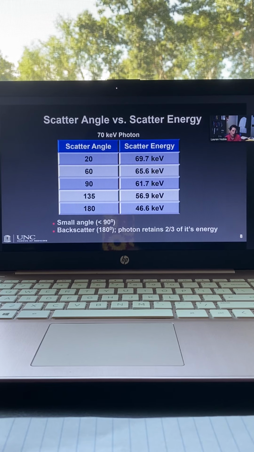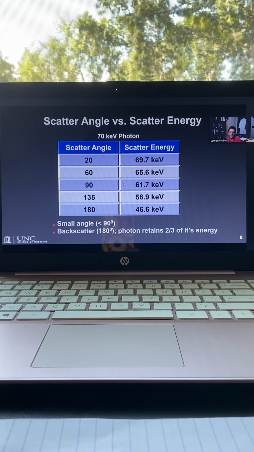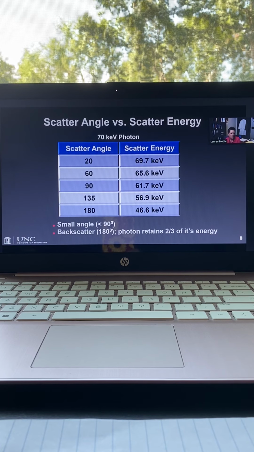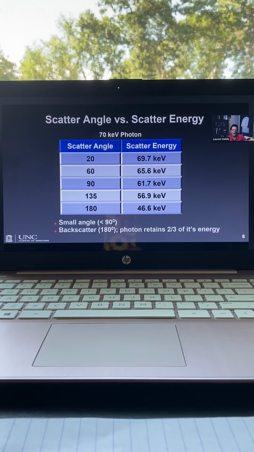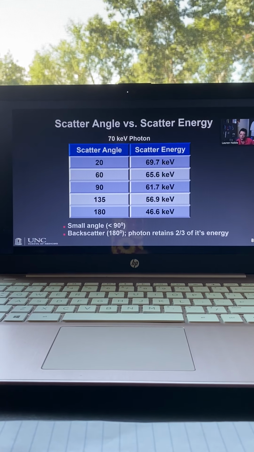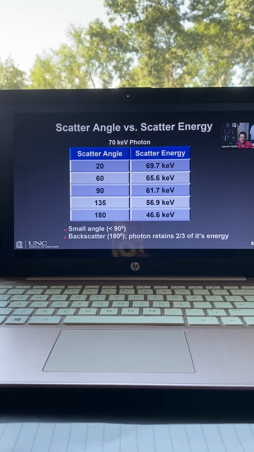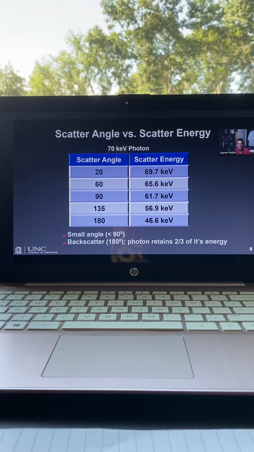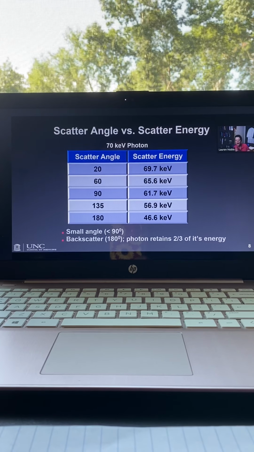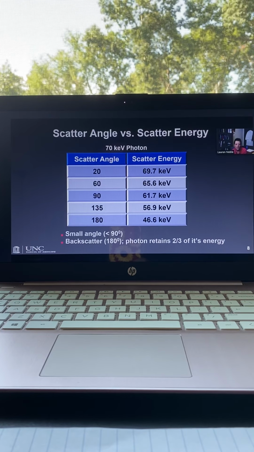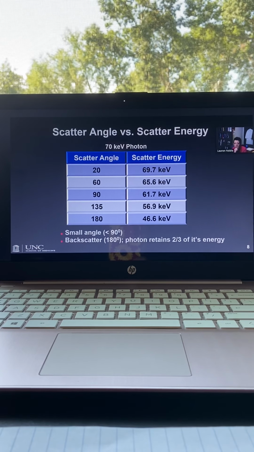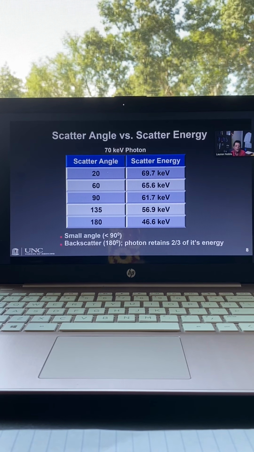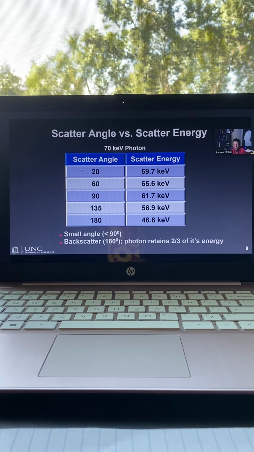That's why when you're doing a fluoro procedure, there are a lot of photons that do end up exiting the side of the patient, and they're very energetic. And that's why you have to wear an apron, because there's enough energy for those photons to get into your body and cause ionizations. So they're very energetic.